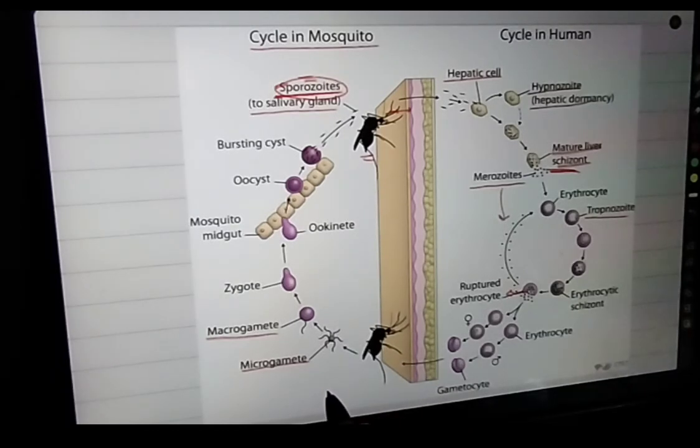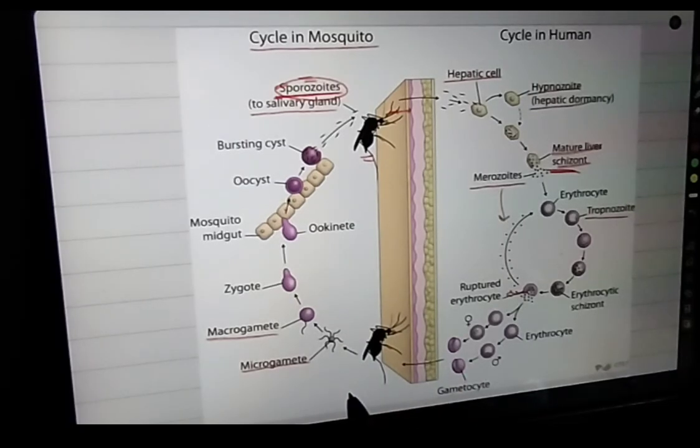These gametocytes don't undergo further development in the human body. When the female Anopheles mosquito bites an infected individual, along with the blood meal, these gametocytes enter the female Anopheles mosquito.